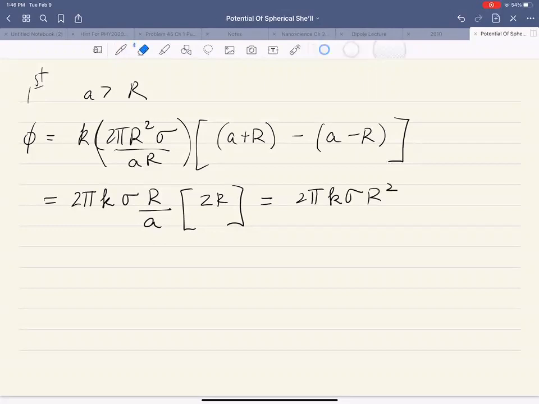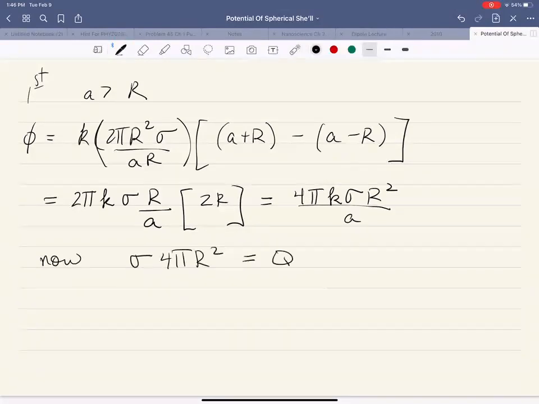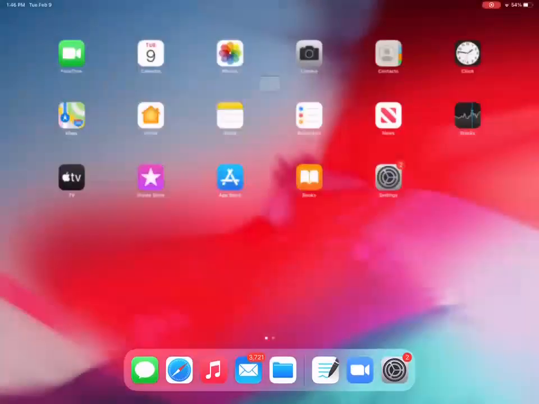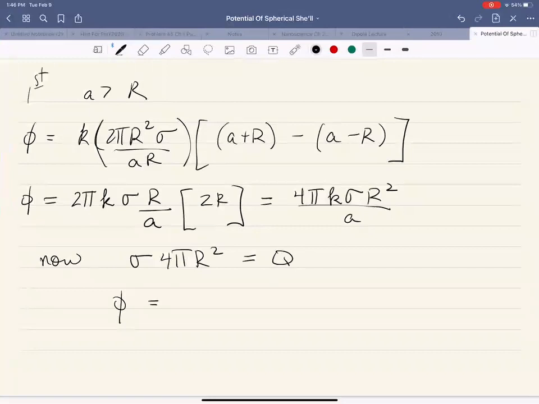Sorry, 4 pi K sigma R squared over A. Okay, now sigma times 4 pi R squared is equal to big Q by definition, right? So that means that our potential, phi, is going to be equal to K times Q over A.